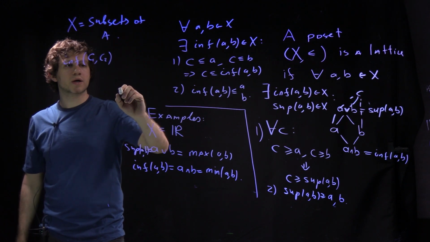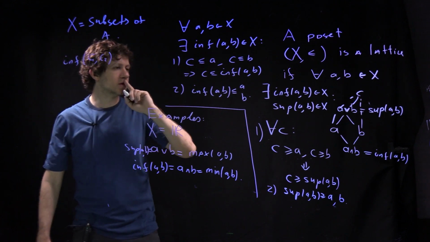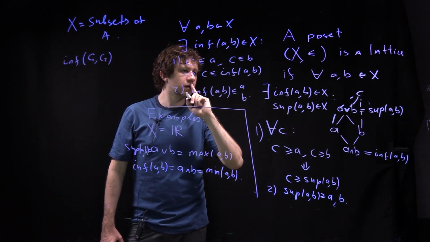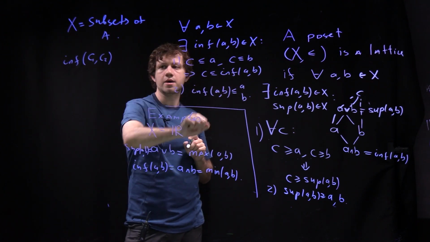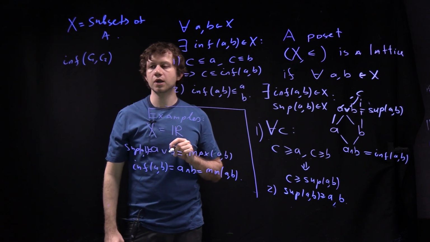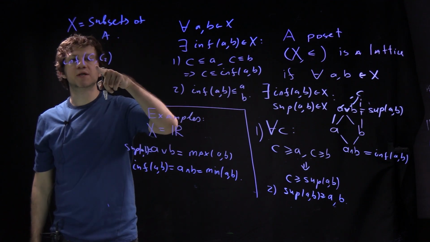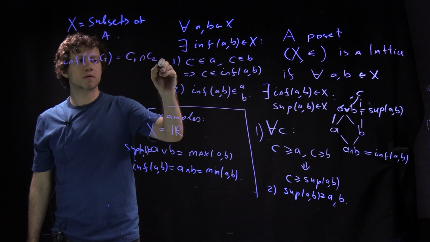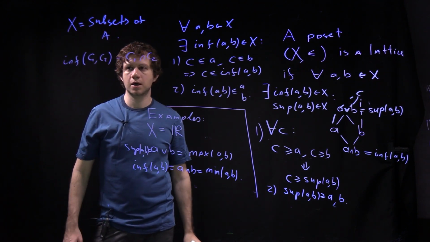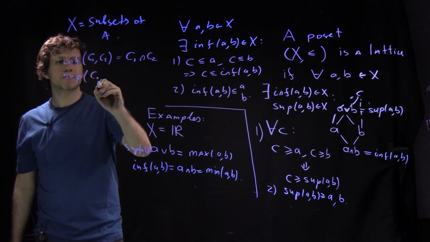So, some subset C is less or equal than A, C is less or equal than B, and so any subset of both of them should be a subset of this set, and clearly this is just the intersection. And supremum is, of course, the union.